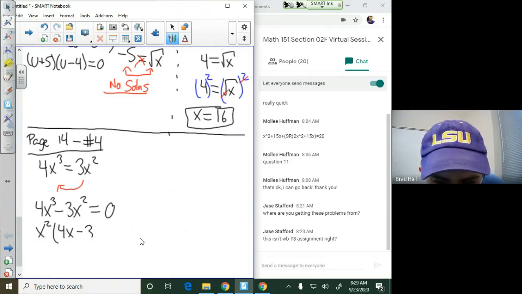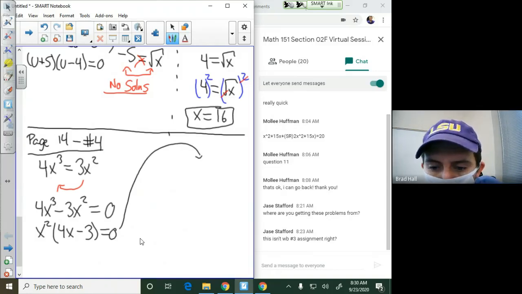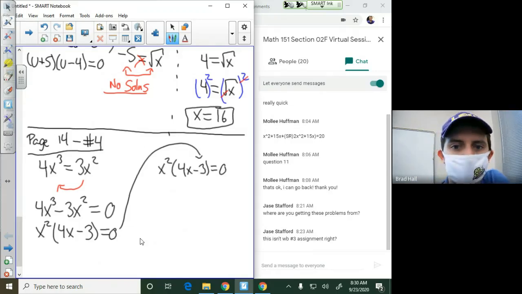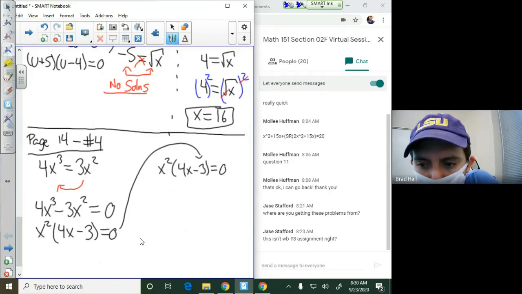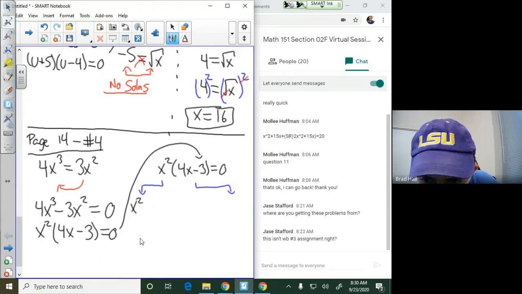And now minus 3, that's equal to 0. And then the reason why factoring is nice is because we can take each part and set that individually equal to 0.